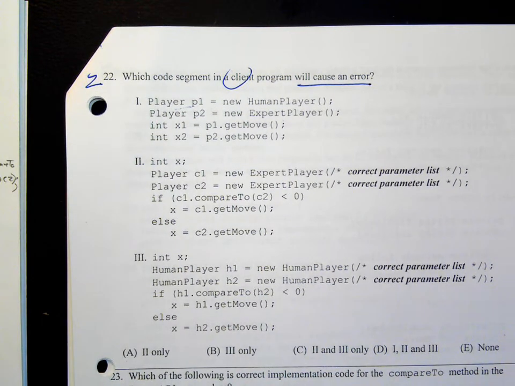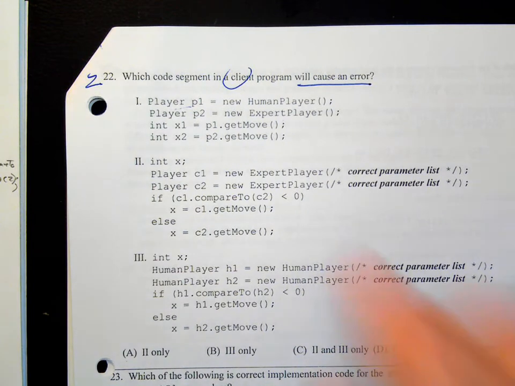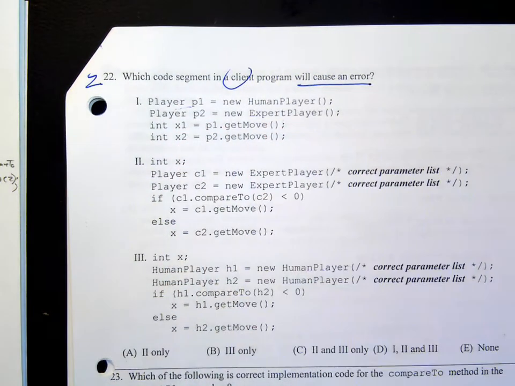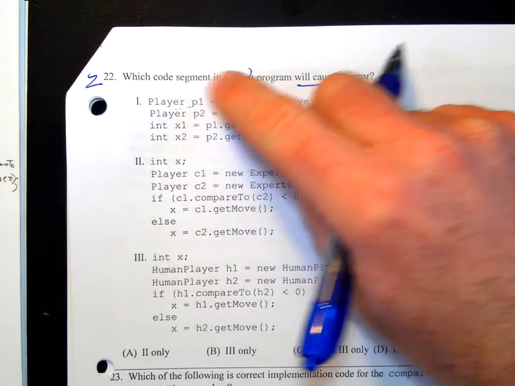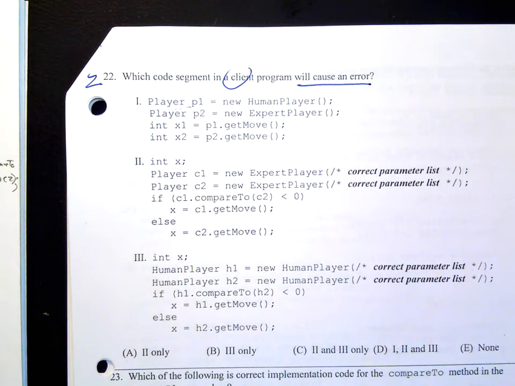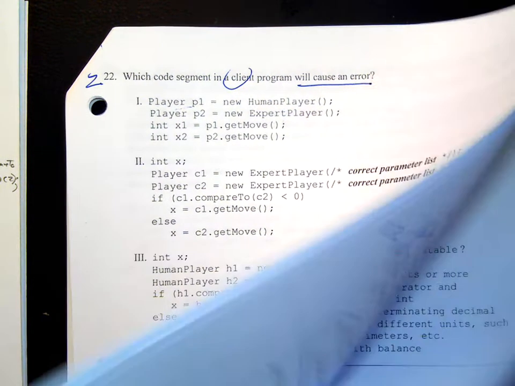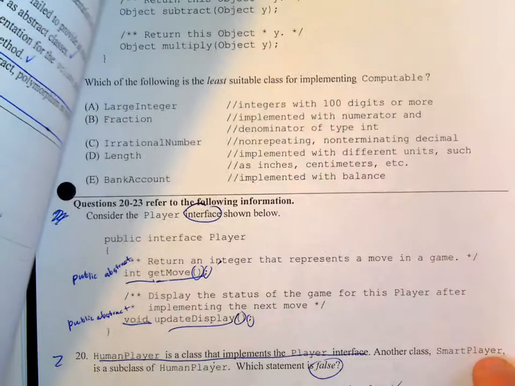And then we're going to call getMove on both of these. Now, the question is, does the Player have getMove in it? Even if we override it, it'll pick the right one. But if it's not in that superclass as a method, then Java won't be able to find it. So does the Player class have a getMove?